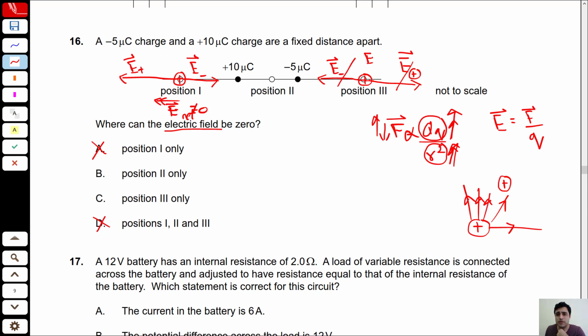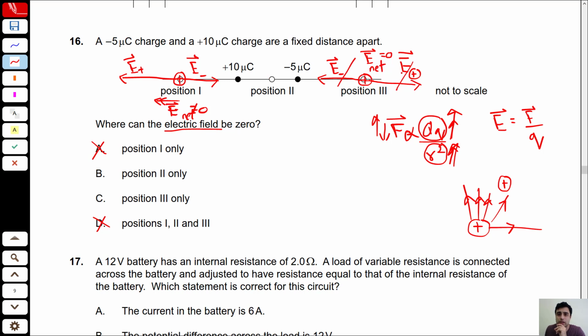So position 3 has the maximum chance for the net electric field strength to be zero, because this negative charge causes the electric field strength in the positive direction, and this positive 10 microcoulomb charge causes the test charge to repel in the other direction. Even though it's a bigger charge, it's still further away.